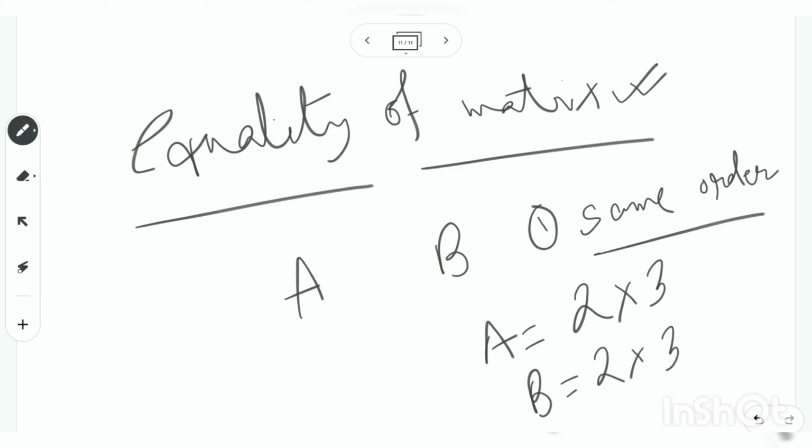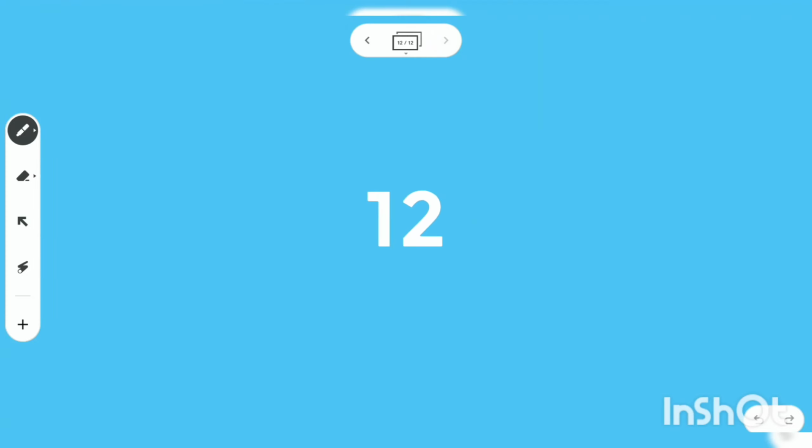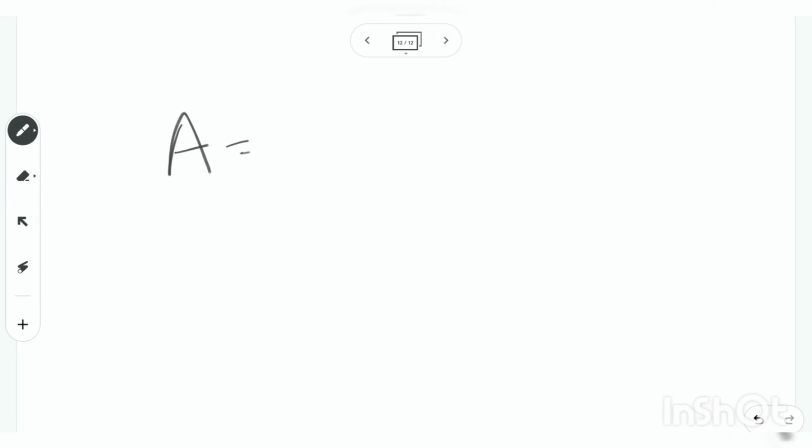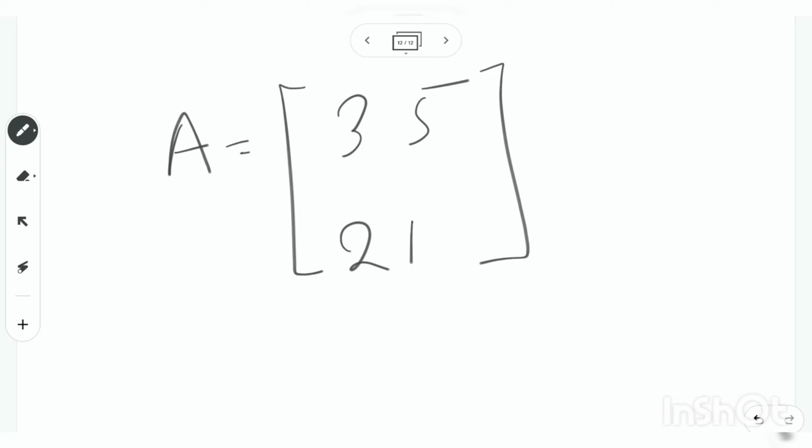And what is the second condition? This is the first condition, and the second condition is that each element of A is equal to the corresponding element of B, that is Aij equals Bij. Let us take an example, right? Suppose the matrix A is 3 5 2 1.